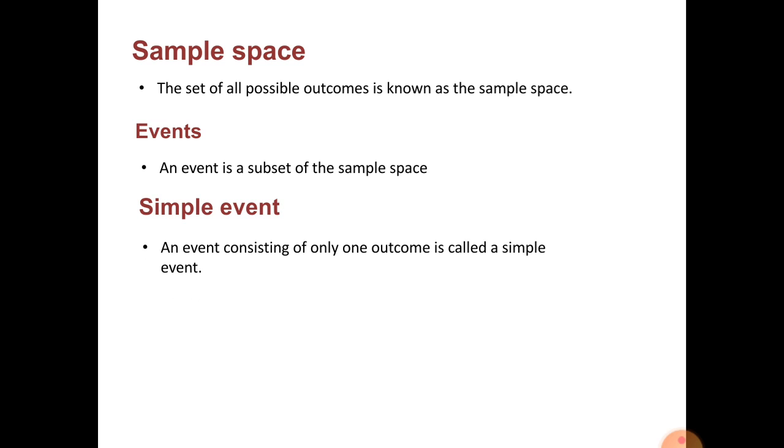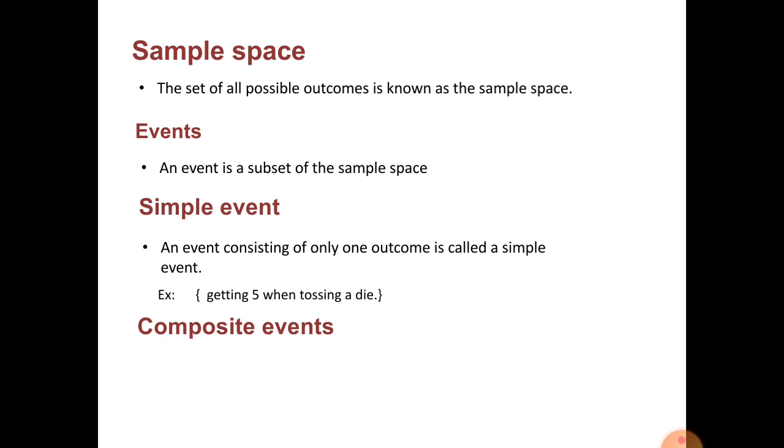That means when we toss a coin, if we have head, there is only one outcome. If we have the answer as tail, there is only one outcome. So that is a simple event. For another example, getting 5 when tossing a die, you will have one answer, that is 5.